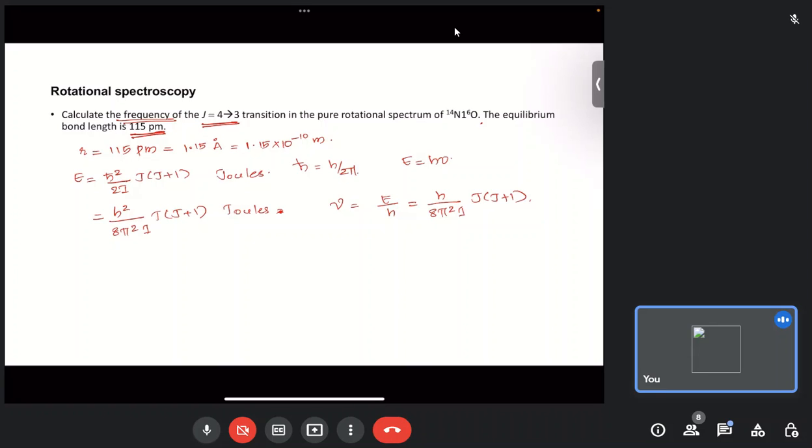J into J plus 1. Now we are calculating the energy gap between 4 and 3.